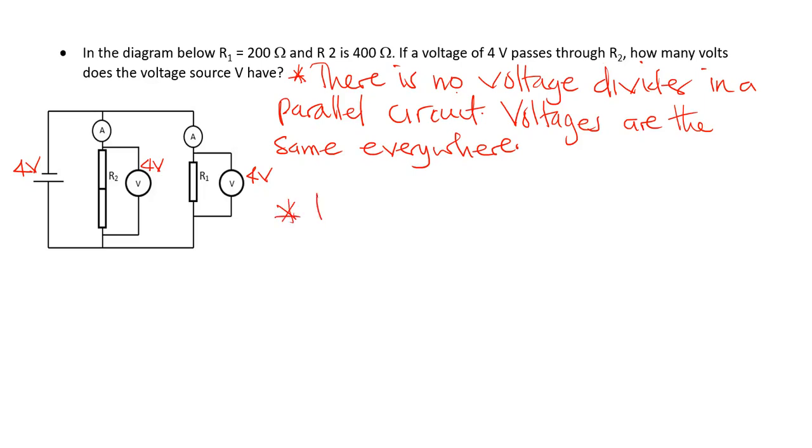So the answer is the voltage source has 4 volts because there is no voltage divider in a parallel circuit.